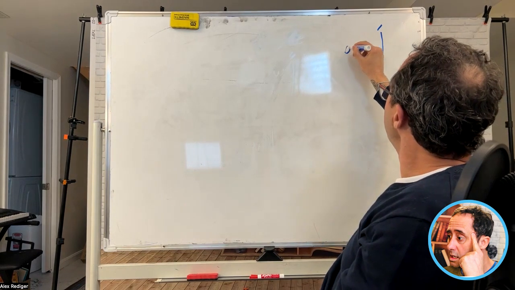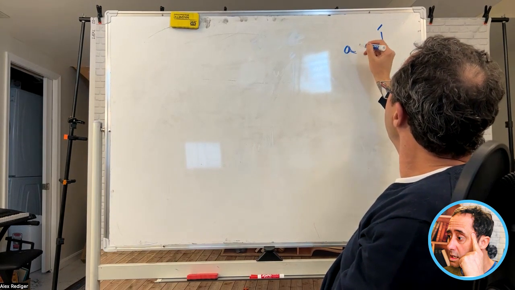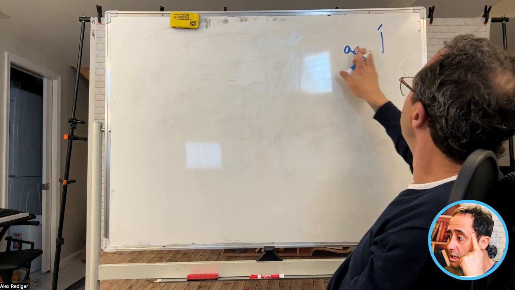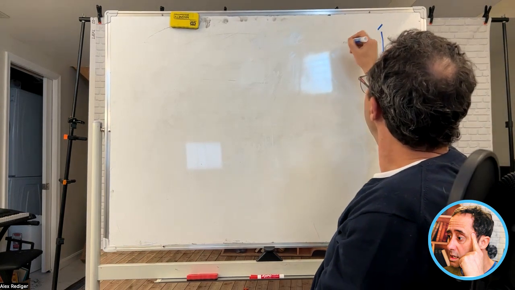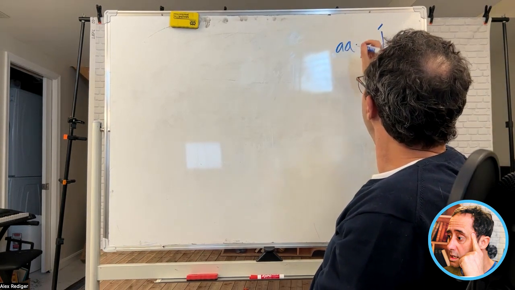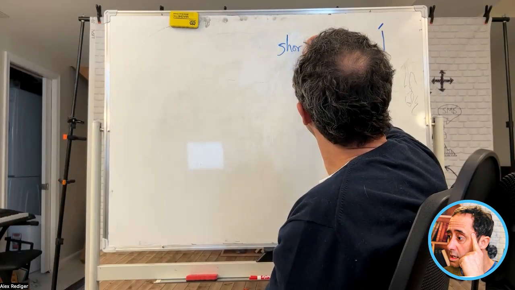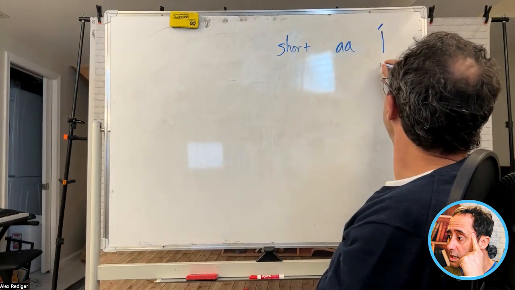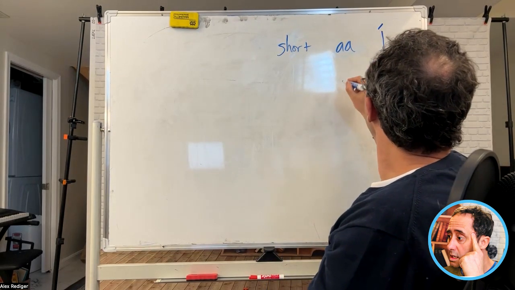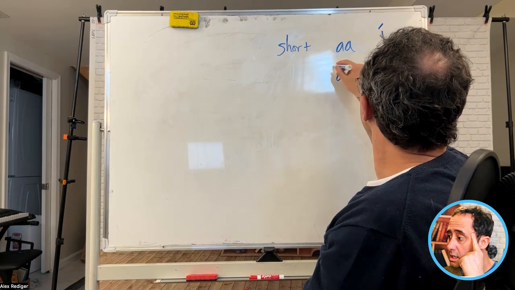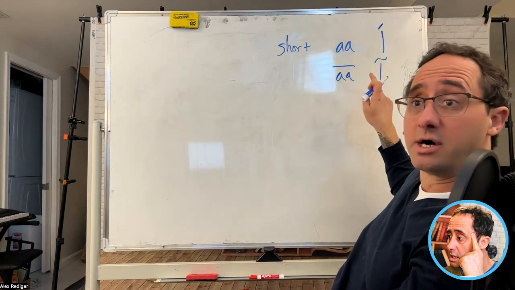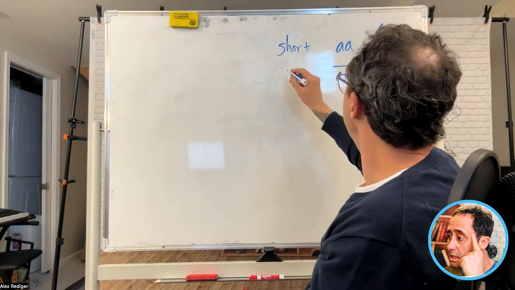This we will call short alif, a. And I'm going to put a line over it. That means it's long. It's actually held longer.